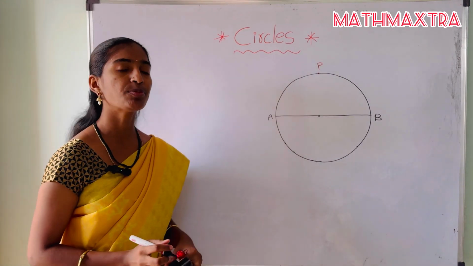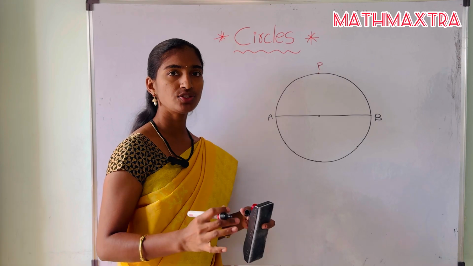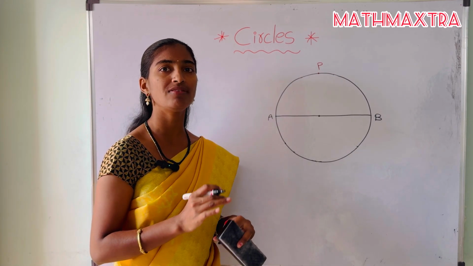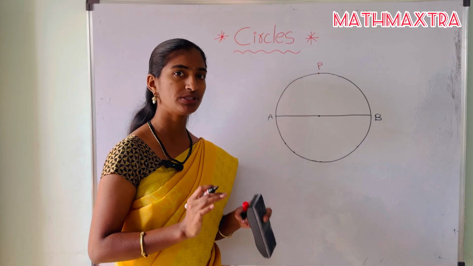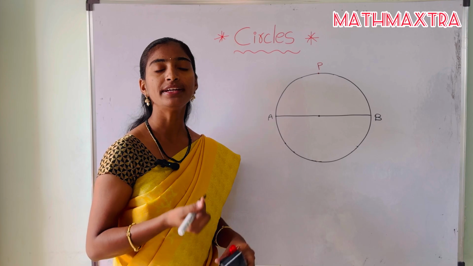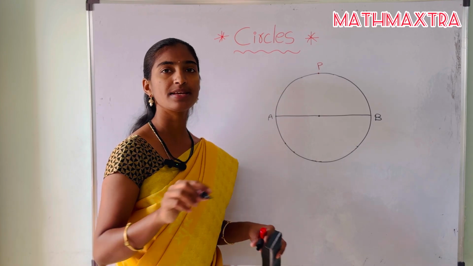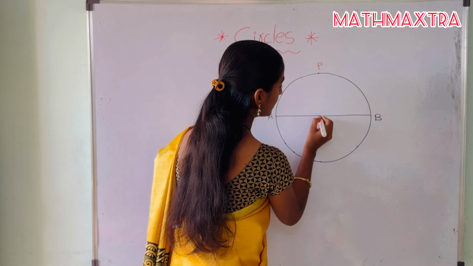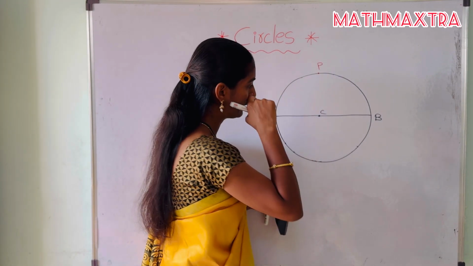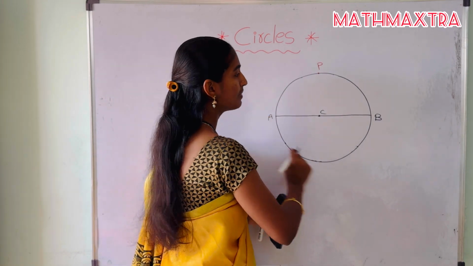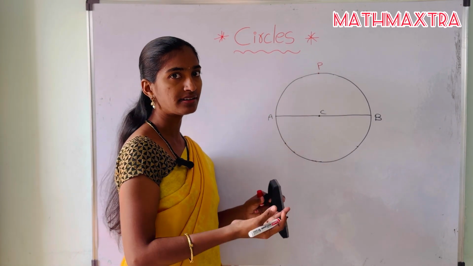Okay, our next property is one we always use: the angle in a semicircle is always a right angle, which measures 90 degrees, right? So, how do we get those 90 degrees in a semicircle? Now we will see. This is the center of the circle. The semicircle is nothing but an arc, right?